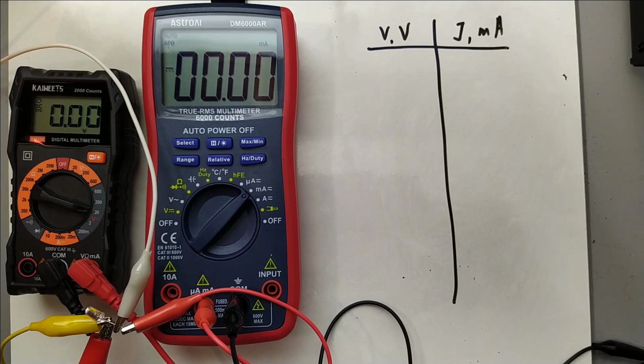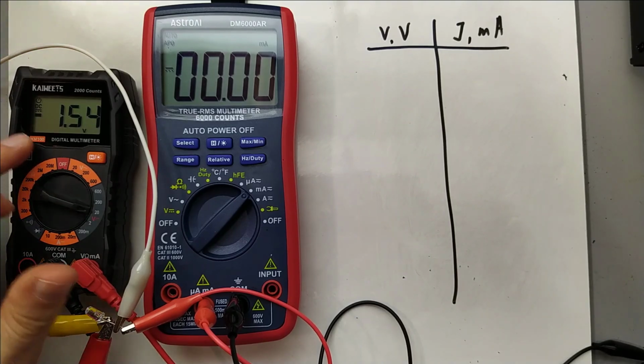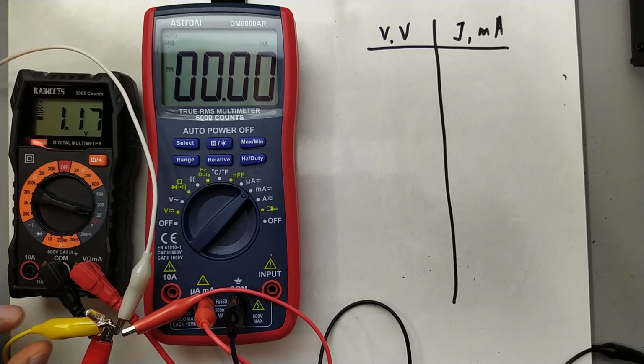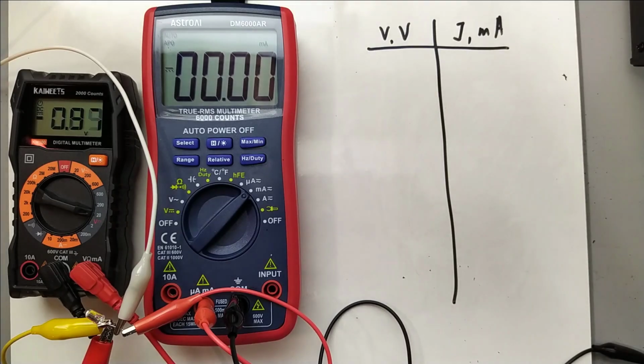So let us apply some negative bias. You see we have this negative sign. Here we have minus 1 volt. Let me do something close to minus 1 volt.